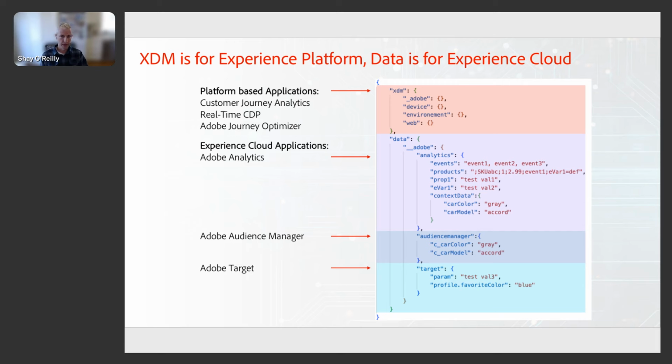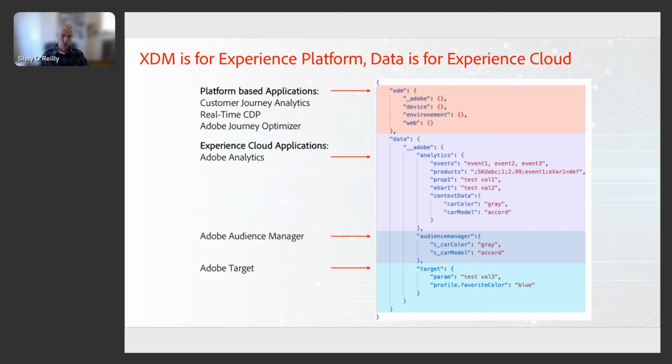So looking at analytics, that violet color, second from the top, the larger band, you can see there's an event string, there's a products string, props, eVars, context data. If you've created that product string, for example, on your client side, you've already built that, you're sending that into analytics, and you want to migrate to Web SDK, just for sending data into analytics, you can do that. You don't need to make any changes to the product string.